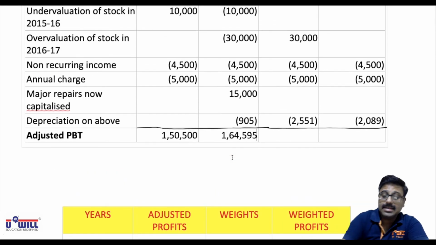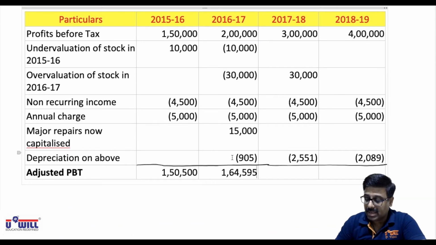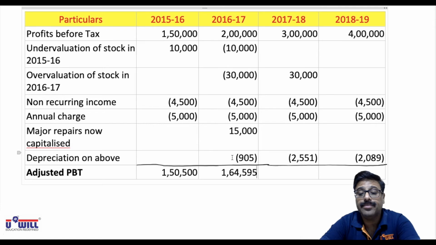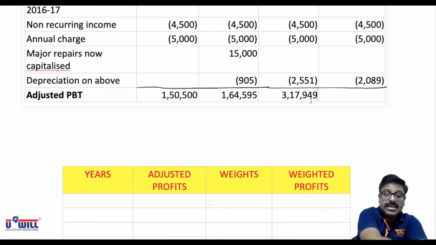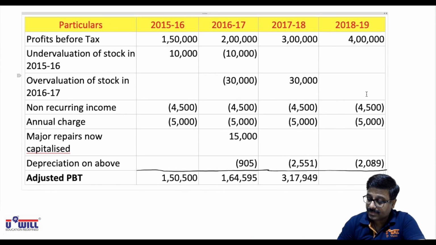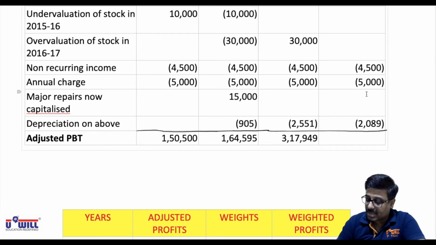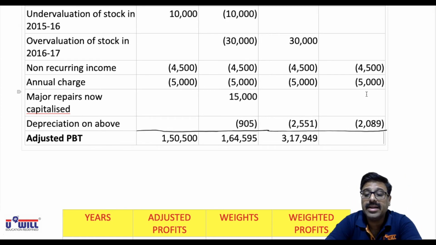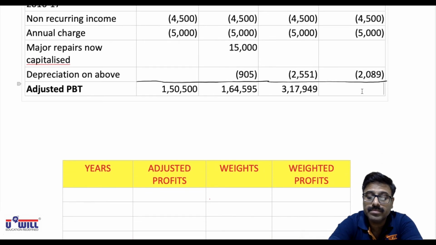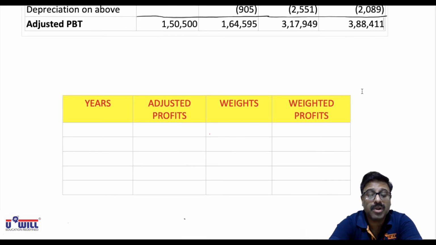Then for the next year, 3 lakhs plus 30,000 minus 4,500 minus 5,000 minus 2,551, that is 317,949. And for the last year, 4 lakhs minus 4500 minus 5000 minus 2089, that is 388,411. These are the adjusted profits before tax.